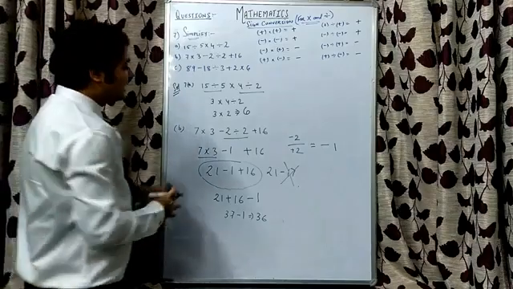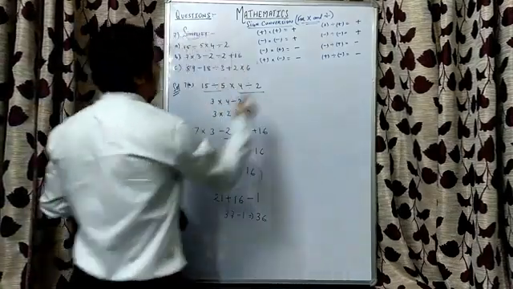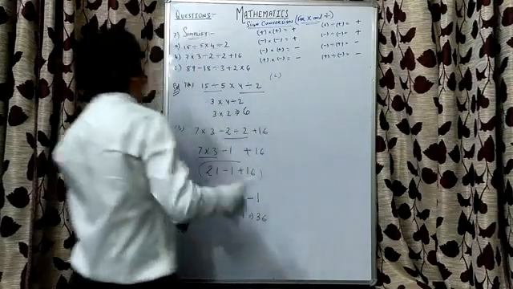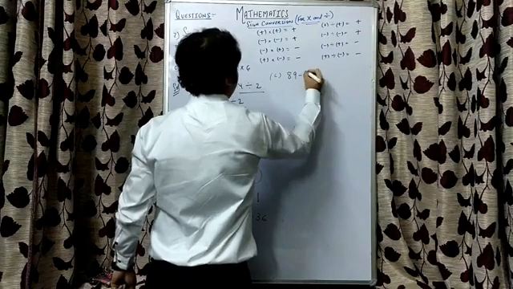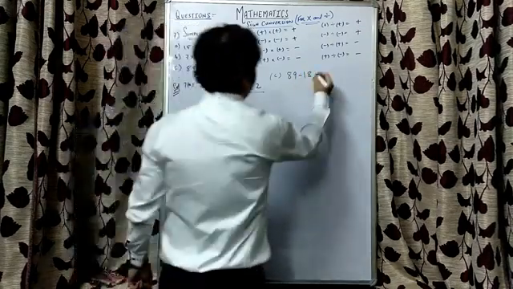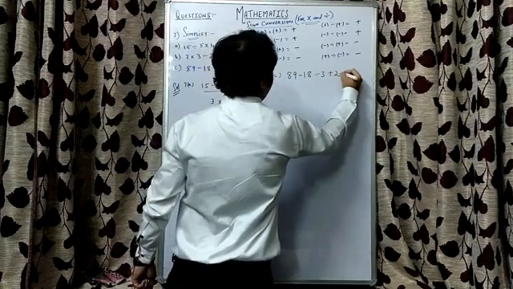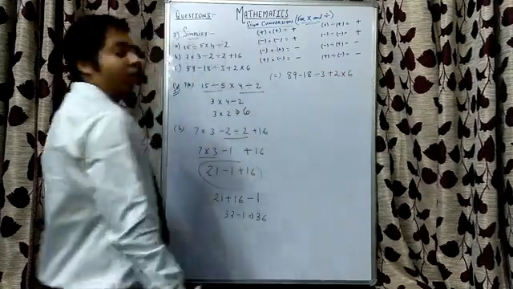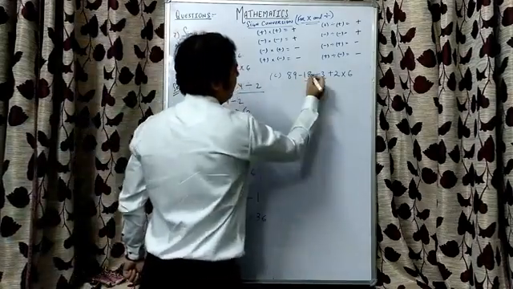Right? Now part C. Part C says 89 minus 18 divided by 3 plus 2 into 6. According to BODMAS, again children, division will be solved first, right?